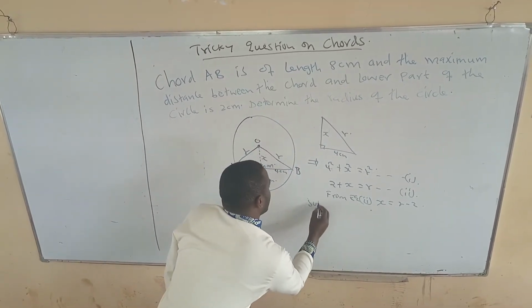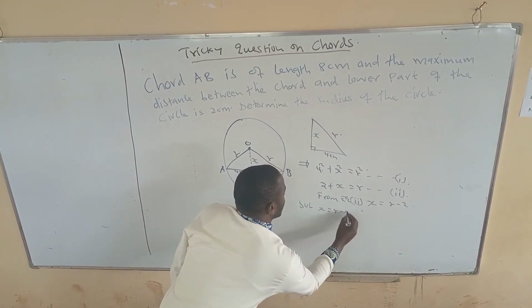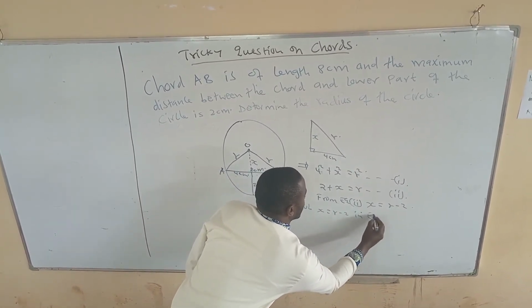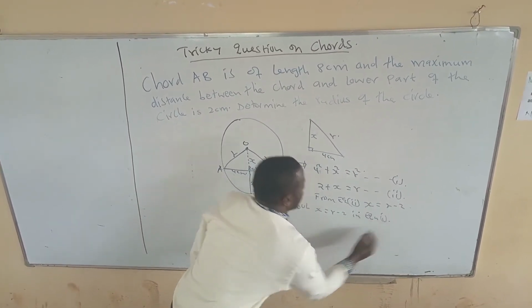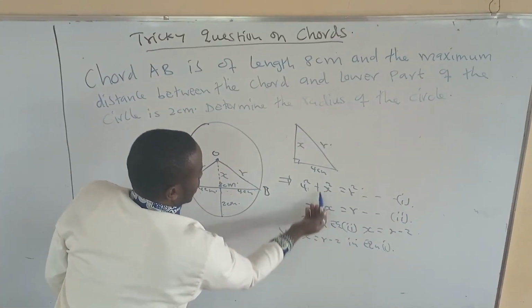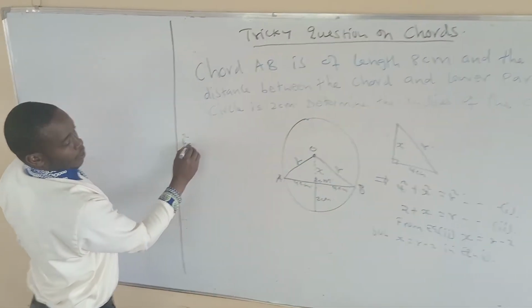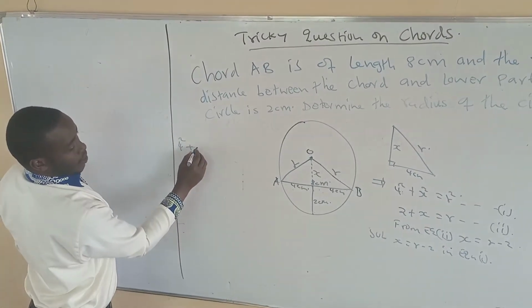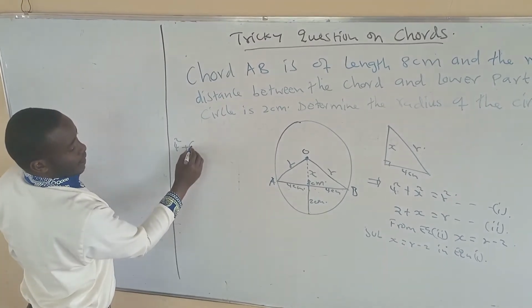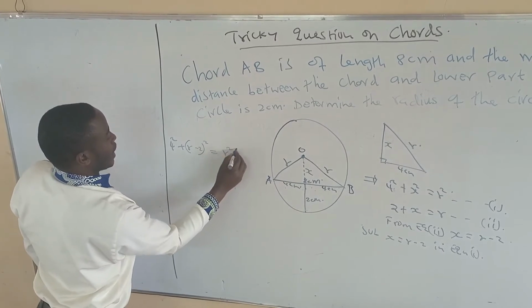And substituting x equals r minus 2 in equation 1, I substitute this in this equation, so it will give me 4 squared plus, now instead of x, I write r minus 2 squared equals r squared.